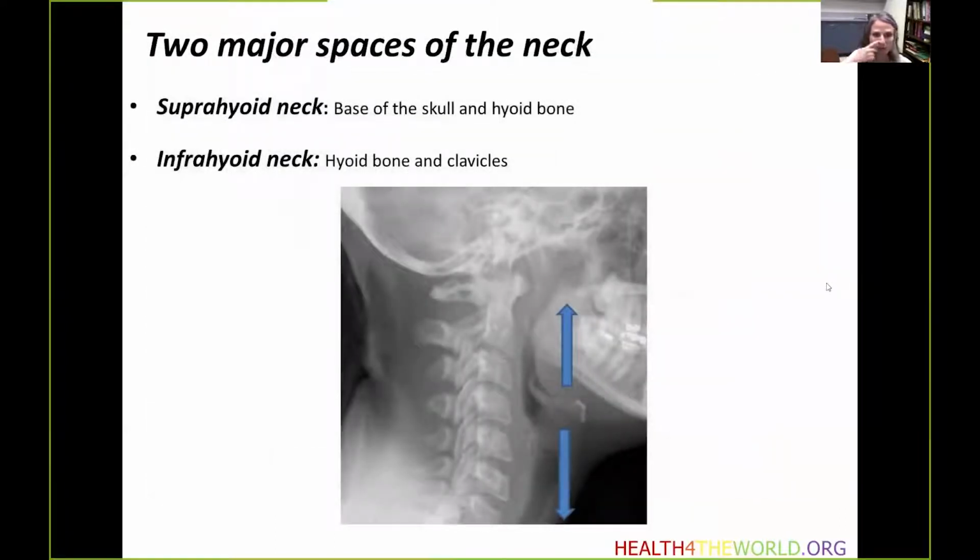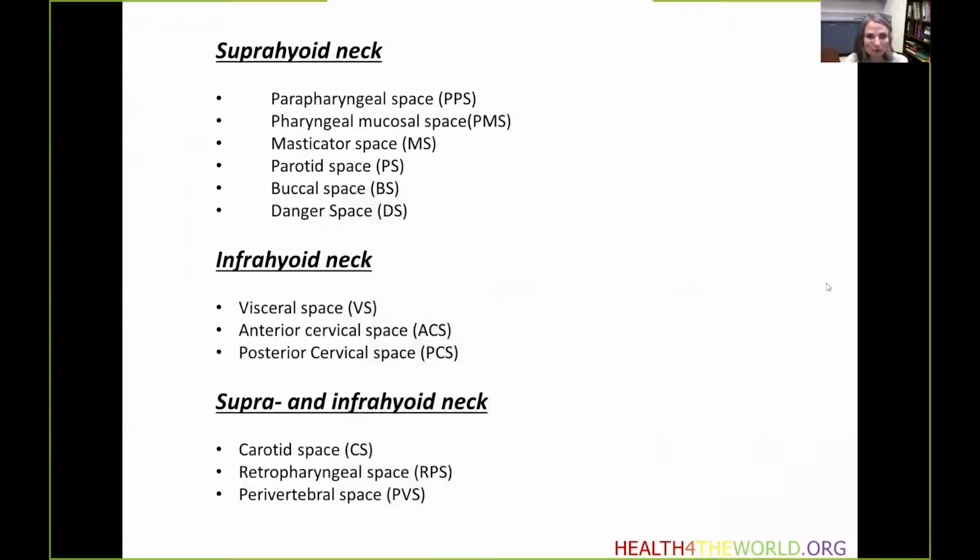So there are two major spaces of the neck: the suprahyoid and the infrahyoid neck, divided by the hyoid bone. The suprahyoid neck extends from the base of the skull to the hyoid bone, and the infrahyoid neck extends from the hyoid bone to the clavicles. There are multiple spaces in the suprahyoid neck.